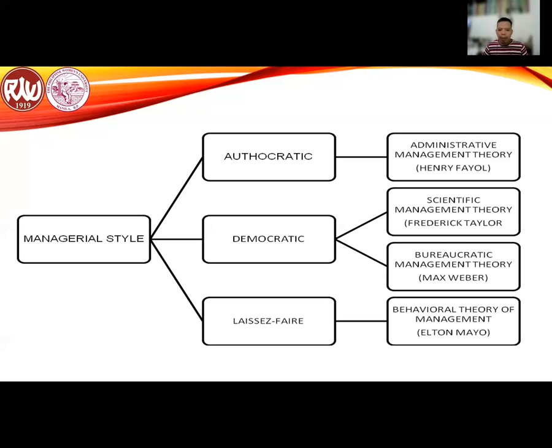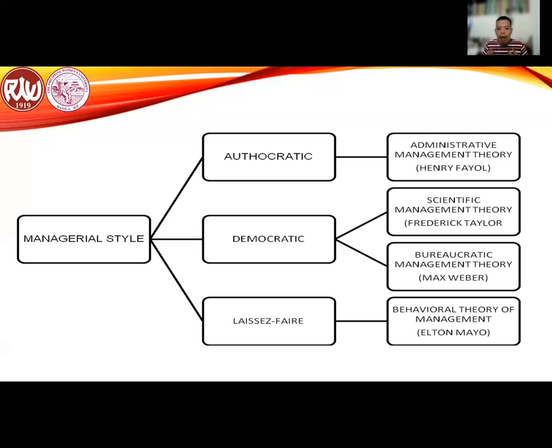The other one is to match workers to their jobs based on capability and motivation, and to train them to work at their maximum efficiency. And third, to monitor work performance and provide instructions and supervision to ensure that they are using the most efficient ways of working.